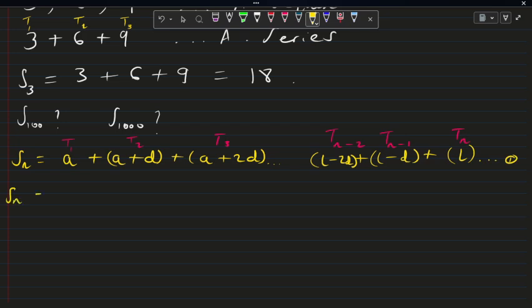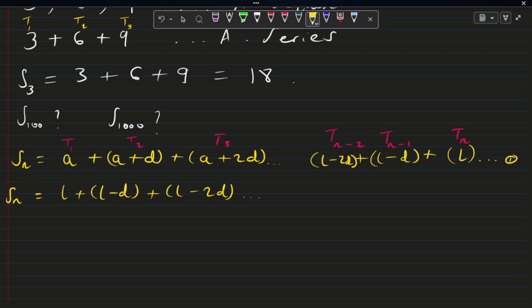You agree with me that equation number one can also be written like this. I can say L plus L minus D plus L minus 2D, okay?